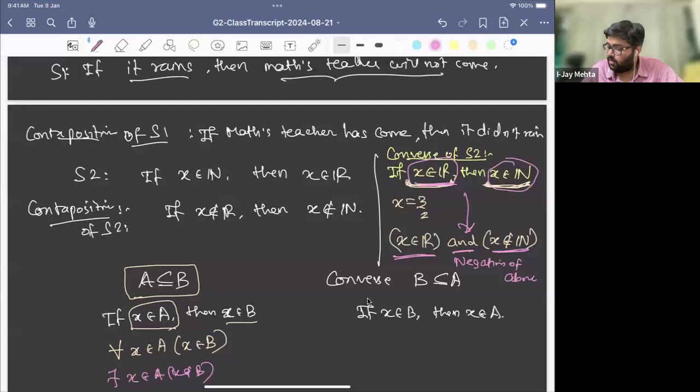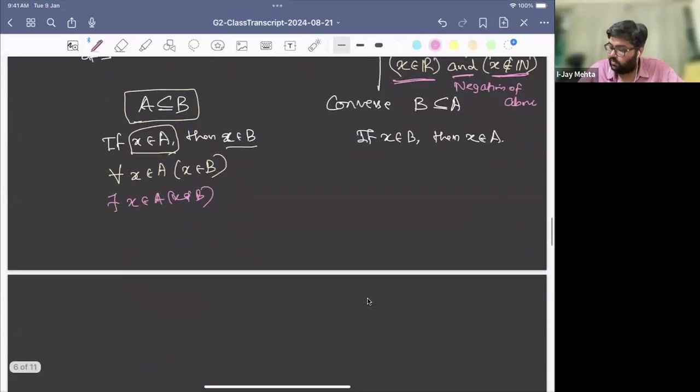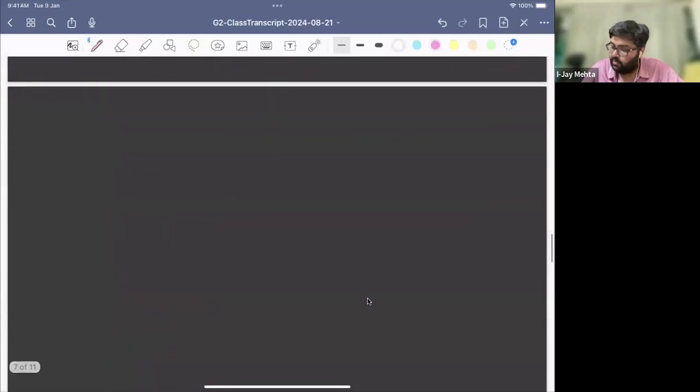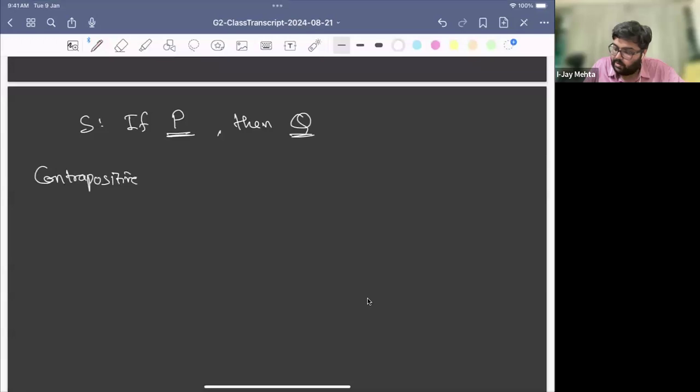So just summarizing, we have a statement of this type. Okay, we have S, a statement: if P, so there is another statement P, then we have a statement Q. Okay, what is the contrapositive of S? Can somebody tell the contrapositive of S?